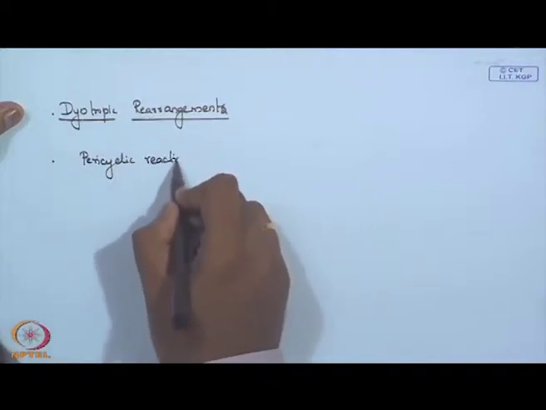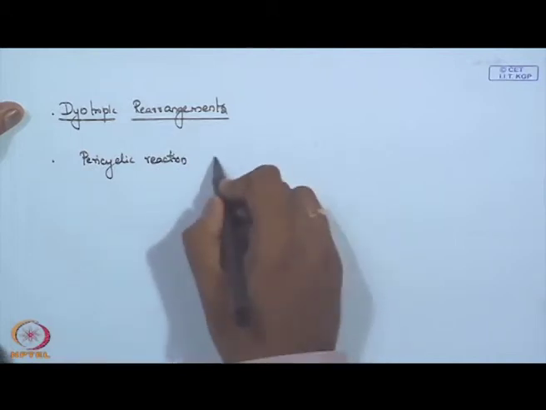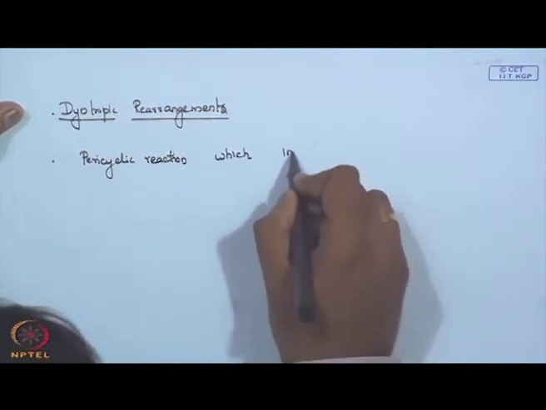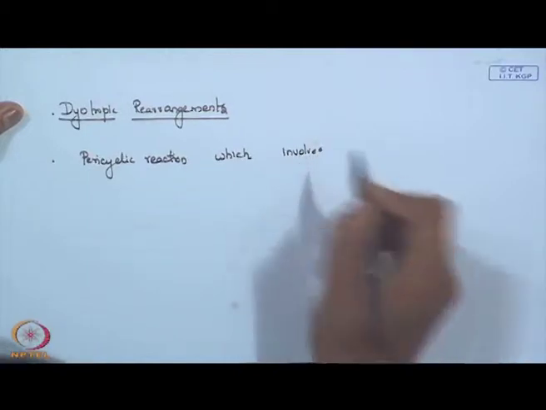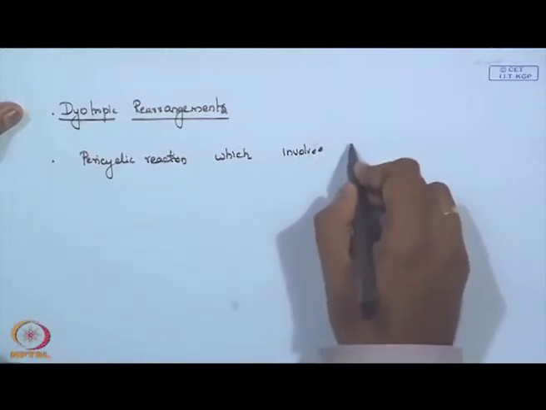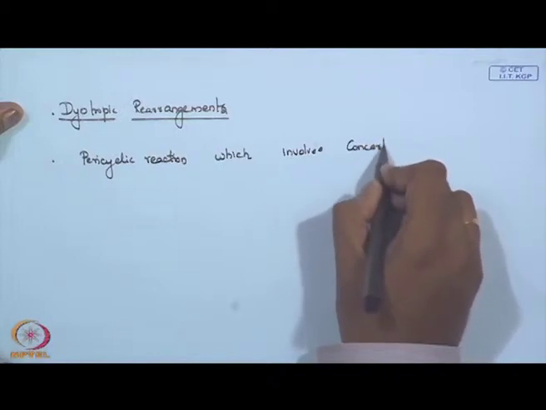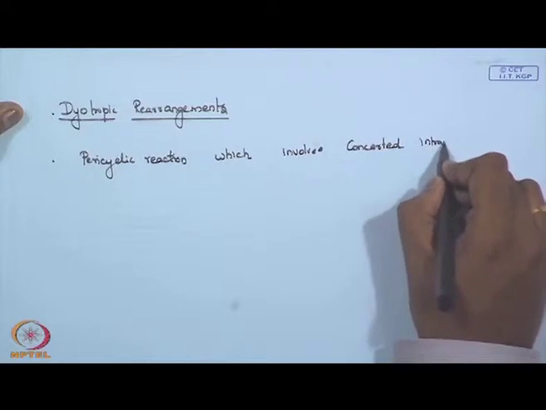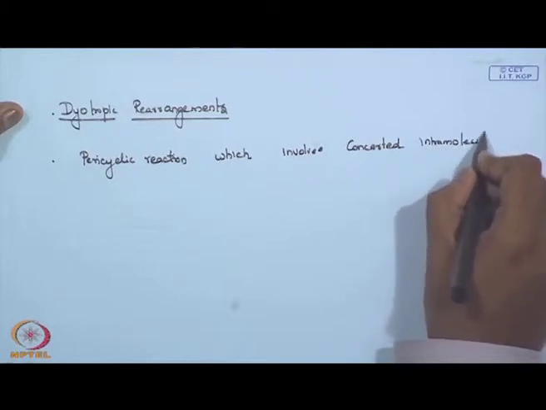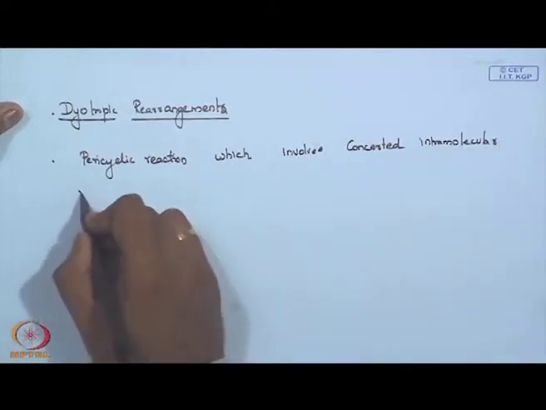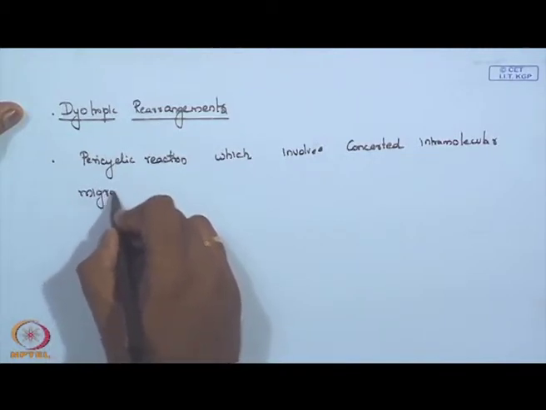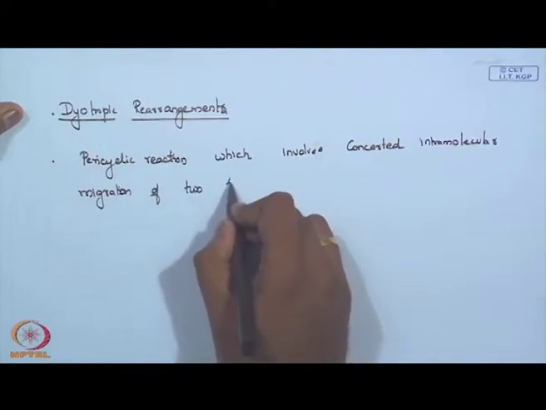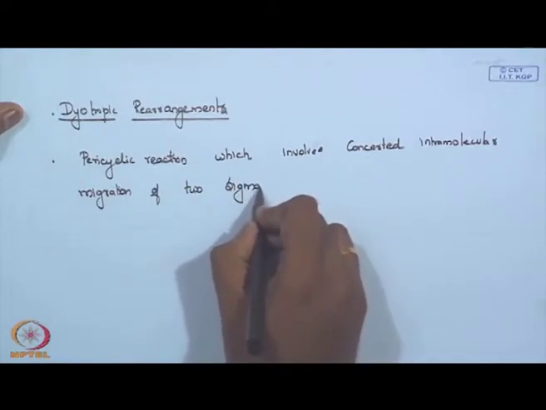Pericyclic reactions which involve concerted intramolecular migration of two sigma bonds are known as dyotropic rearrangements.